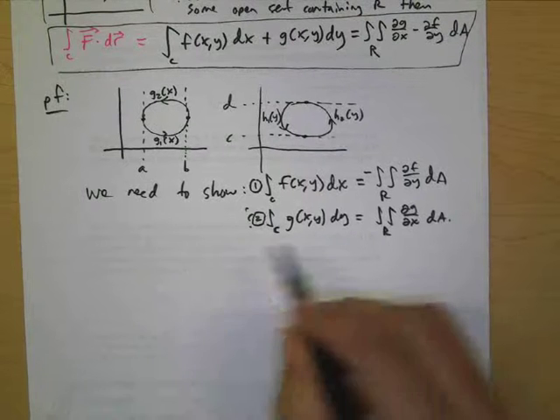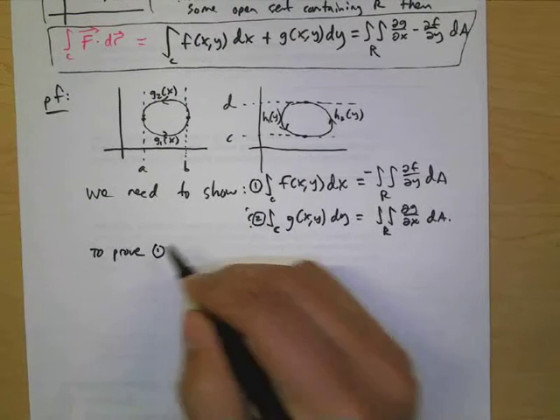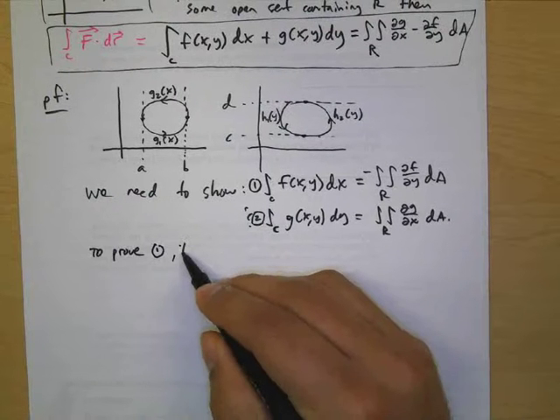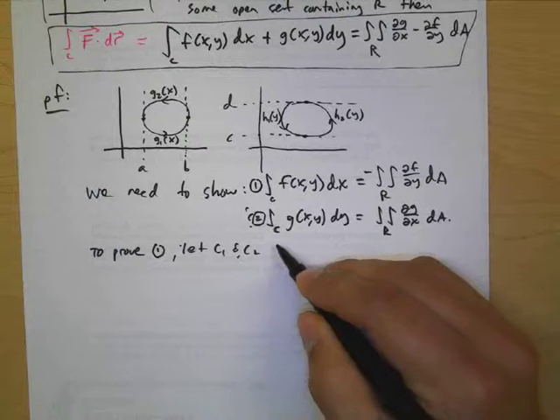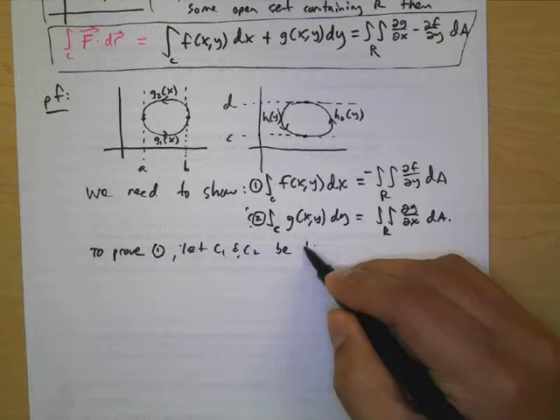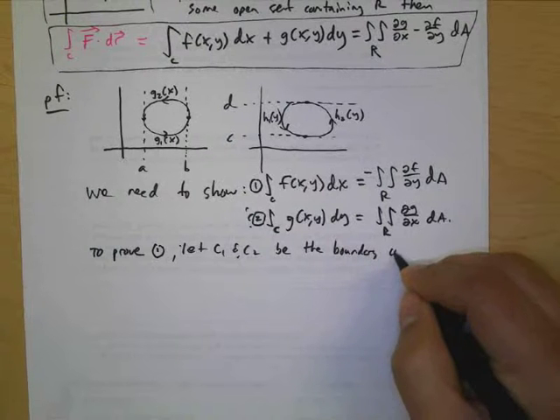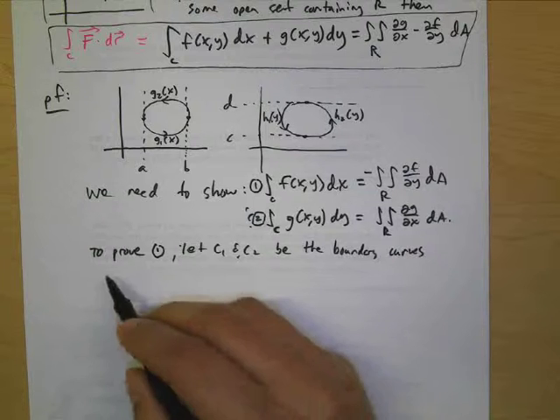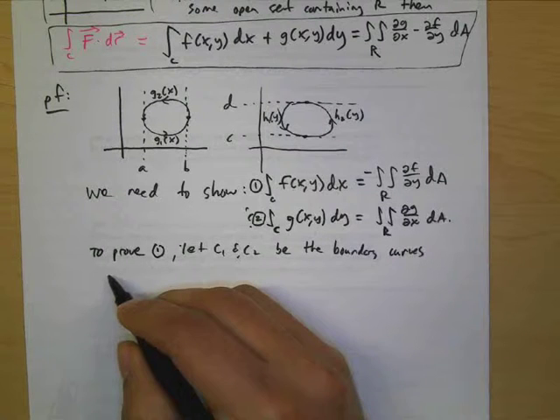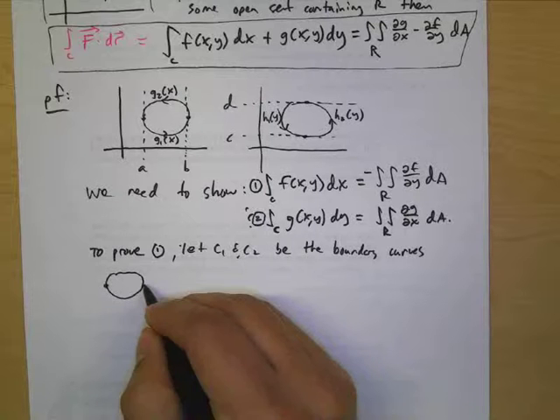So now, to prove the first statement, we'll let C1 and C2 be the boundary curves, like so.